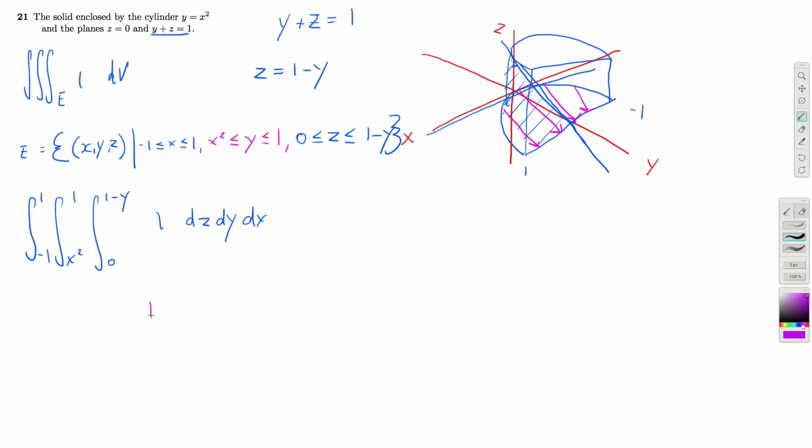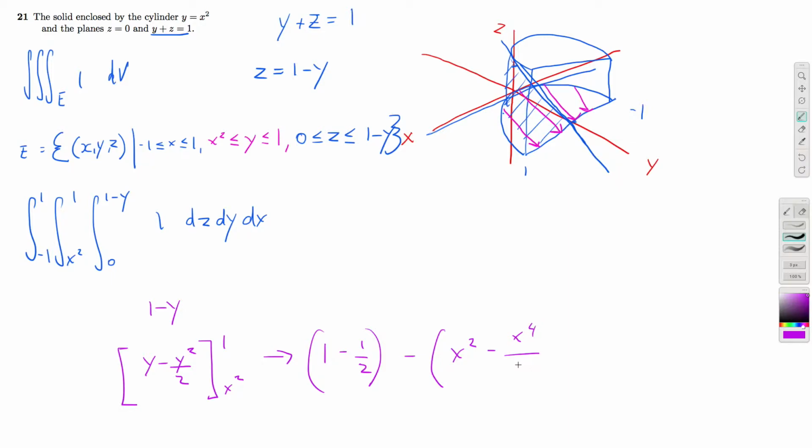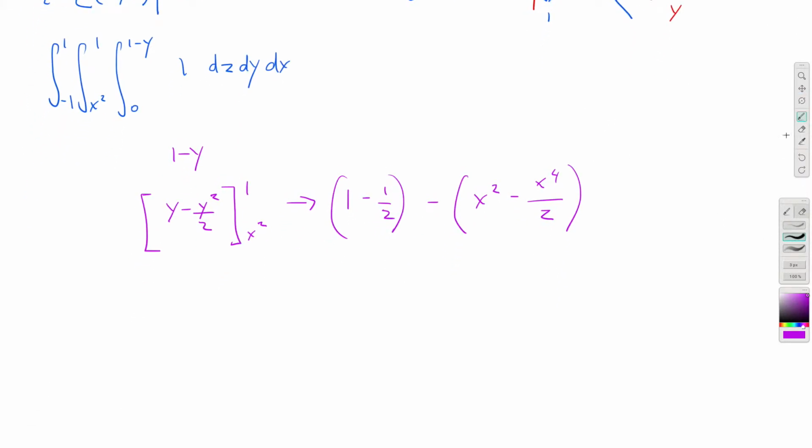So this is going to become 1 minus Y. Then you're going to integrate this with respect to Y, and you're going to get Y minus Y squared on 2. And you're going to chuck in 1 and x squared, which is going to give you 1 minus 1 half minus x squared. If you're in exam, this is not how you do integration. You go through every step, but I'm lazy. So now you got a half minus x squared minus x on 4 is 2.